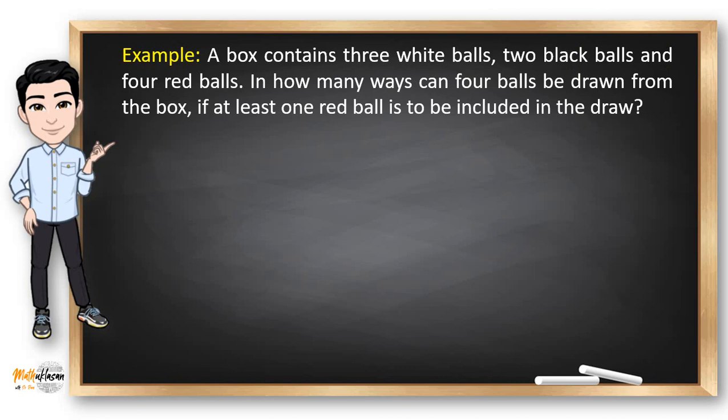Now, this example is actually the extension of the previous example, wherein a box contains 3 white balls, 2 black balls, and 4 red balls. In how many ways can 4 balls be drawn from the box if at least 1 red ball is to be included in the draw? So remember that we have 3 white balls here.